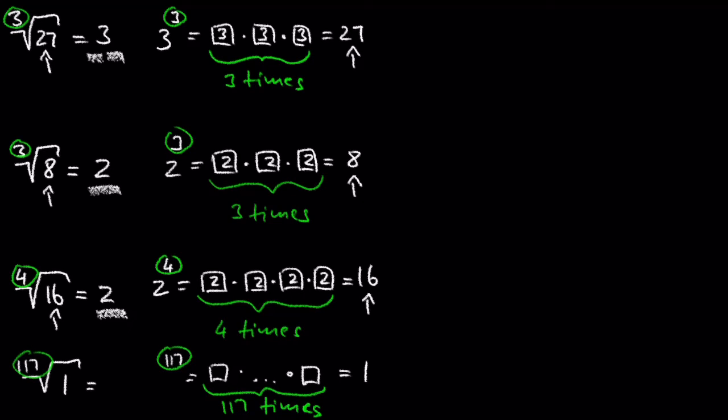That's very simple. It's 1. Multiplying 1 by itself 117 times is 1.